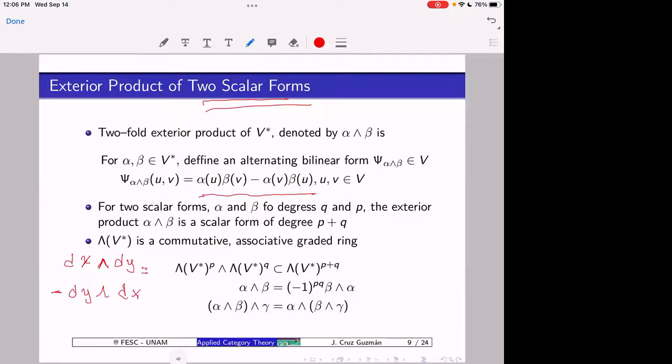This is the problem with the scalar forms: we have only the antisymmetric product.